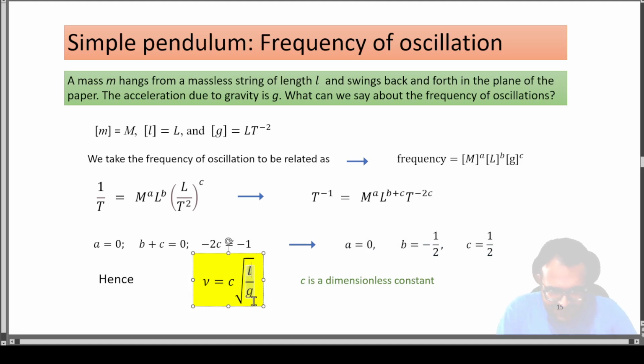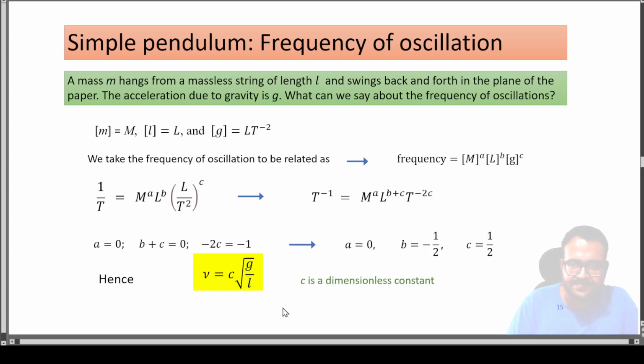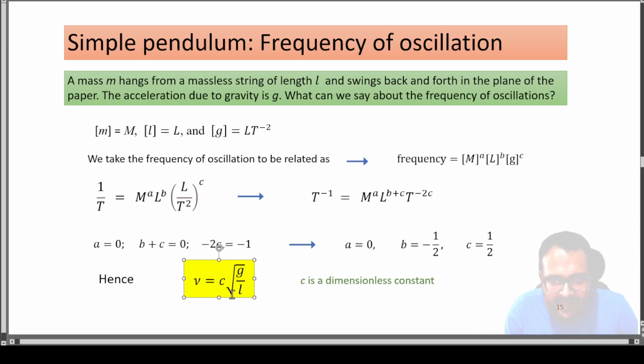So hence the frequency, actually I got it wrong for the time period, is square root of g by L. That is the frequency. I mistakenly wrote the time period here, so that's why I got that wrong. This c is not this c, so I should be very careful writing the constants.